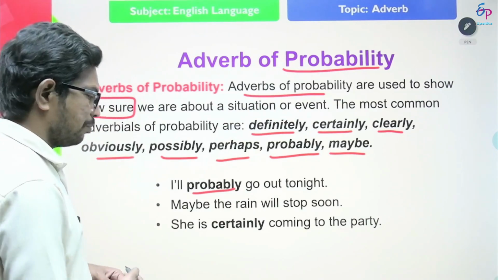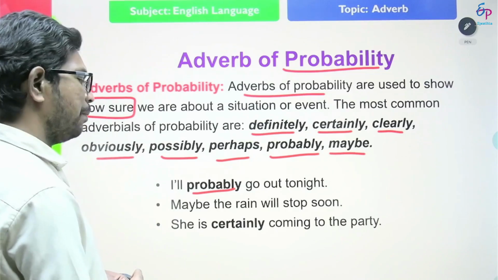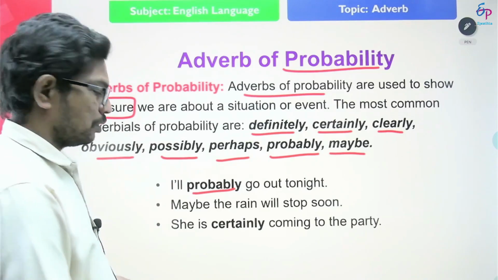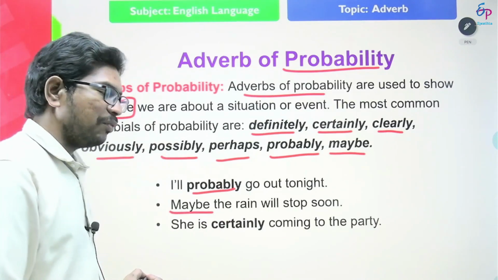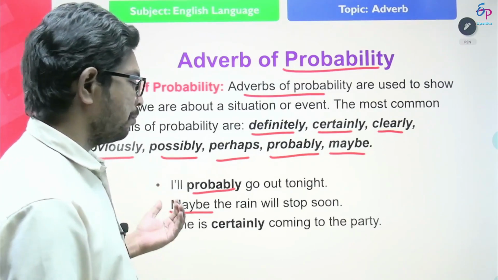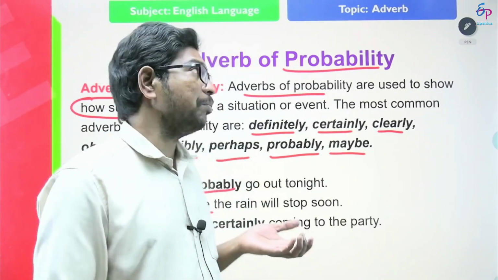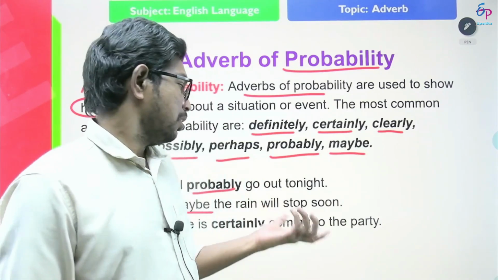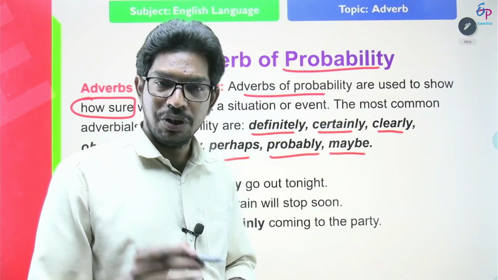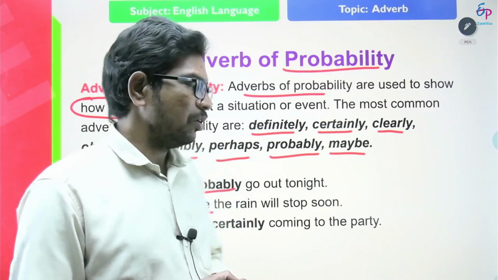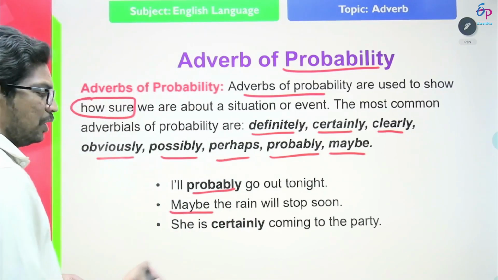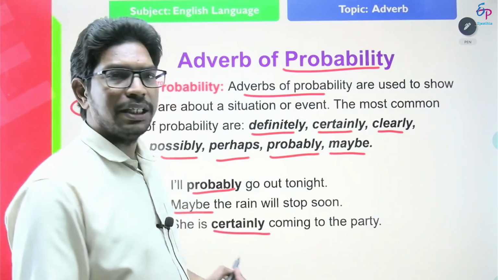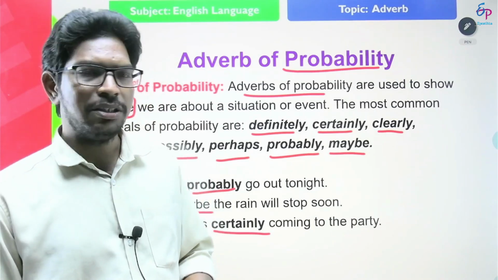Look at another statement. Maybe the rain will stop soon. The word maybe is an adverb of probability. That means you are sure that the rain will stop soon. Look at another example. She is certainly coming to the party. She is coming to the party, that is a general statement.